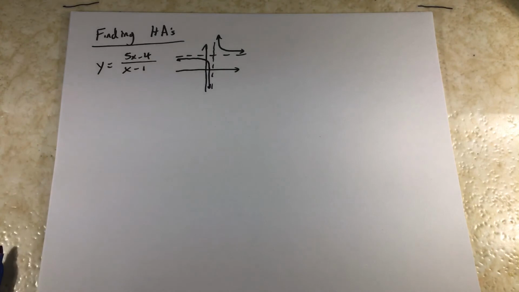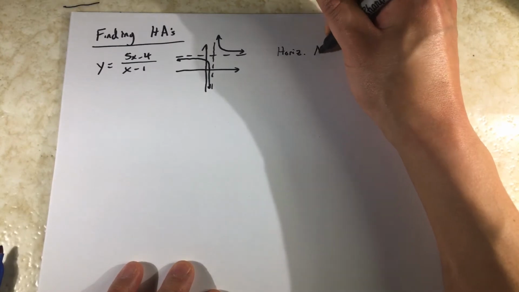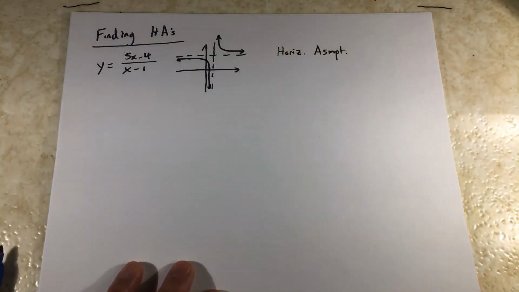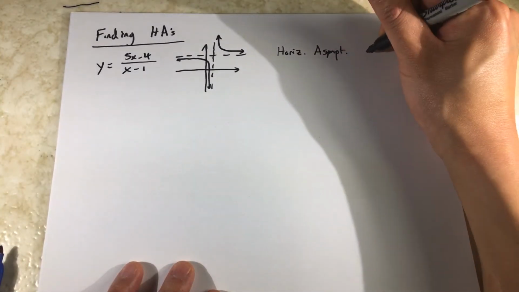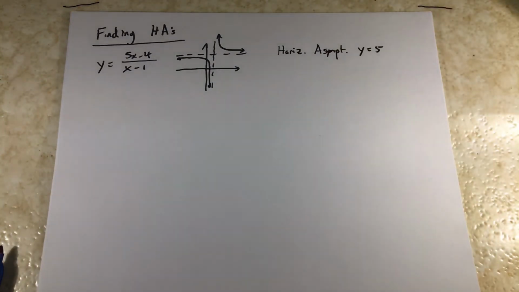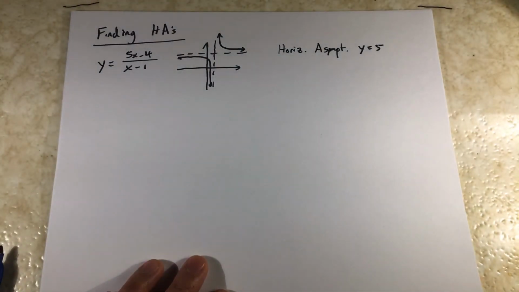So we had a function that looked kind of like that. And this one had a horizontal asymptote at y equal to 5. All right, so how would you figure out the horizontal asymptote?